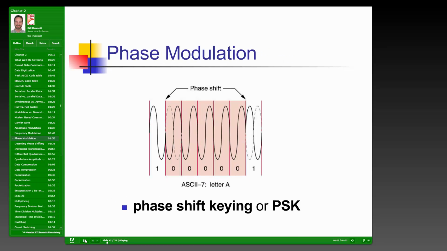And then finally, our third method of modifying a sound wave is phase modulation. So this time the frequency and the amplitude remain the same, but you'll see what's happening here is that by applying voltage to the analog signal, we can actually affect the flow of this sine wave. So take a look at this second bar here.